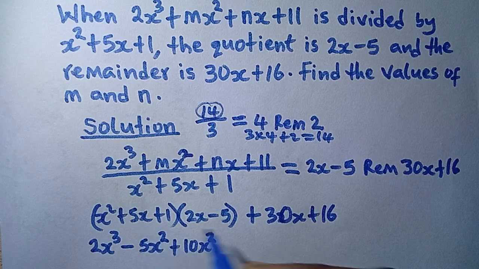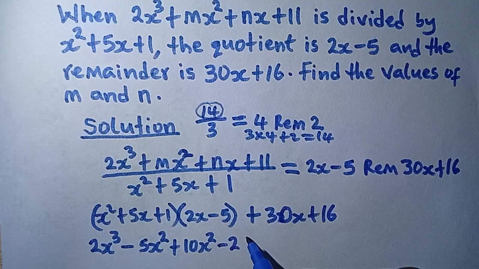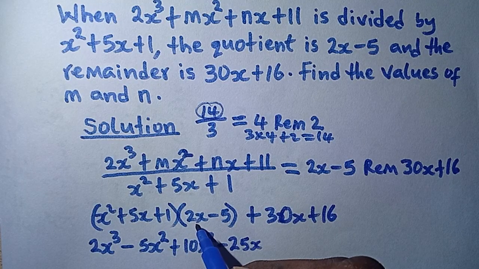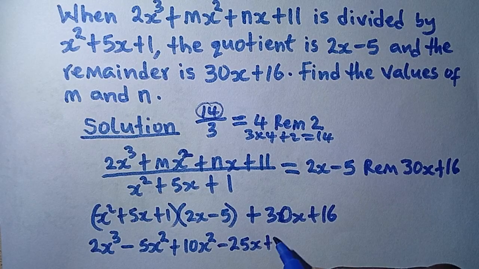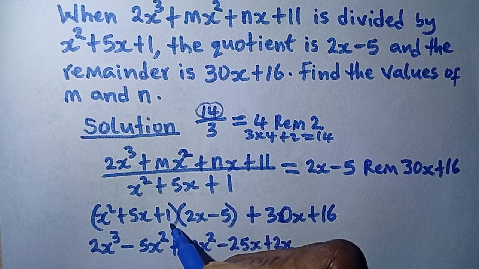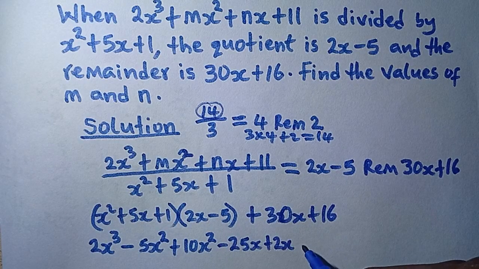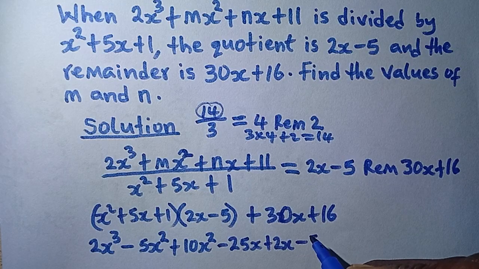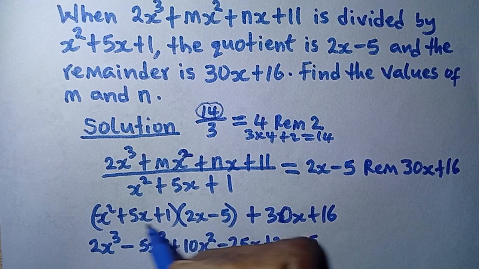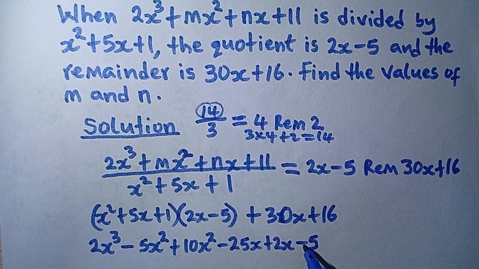Positive 5x multiplied by negative 5 gives negative 25x. 1 multiplied by 2x gives positive 2x. 1 multiplied by negative 5 gives negative 5. So this has been expanded, and then we add the remainder, plus 30x plus 16.